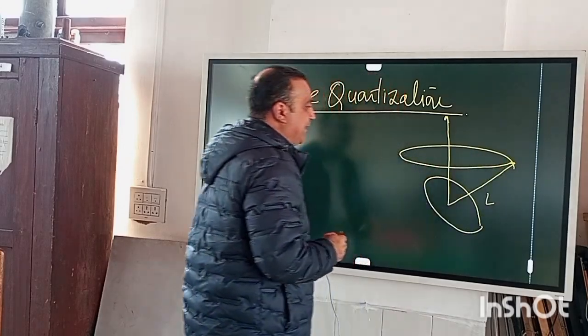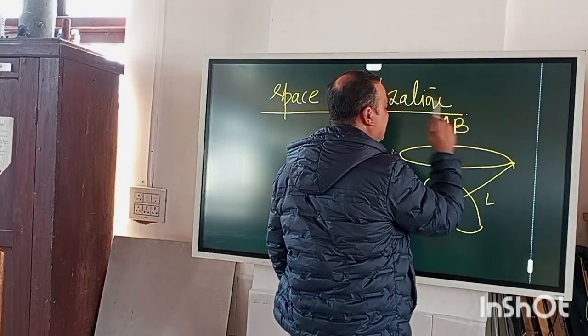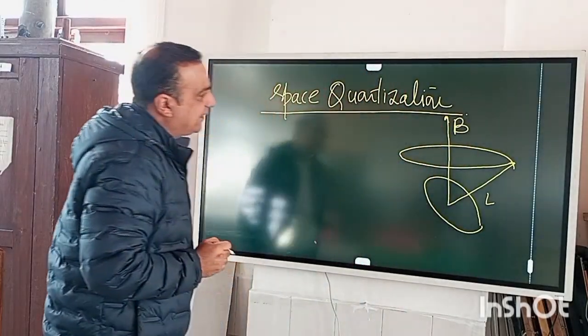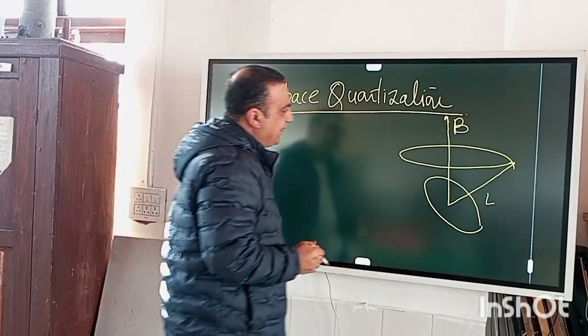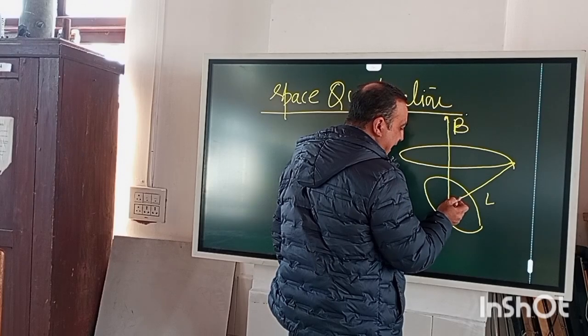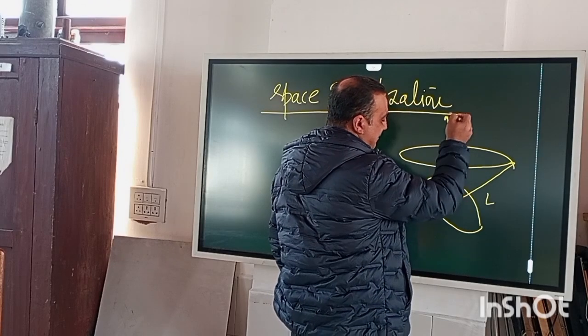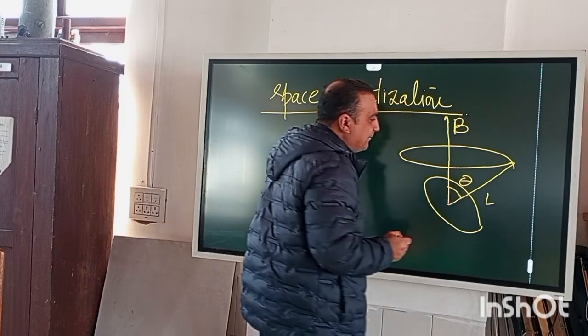This orbit of the electron precesses towards the magnetic field. So this is my magnetic field which I am subjecting, assuming this magnetic field to be in the direction Z, and there is an angle between the orbital angular momentum and the magnetic field, assuming this angle to be equal to theta.